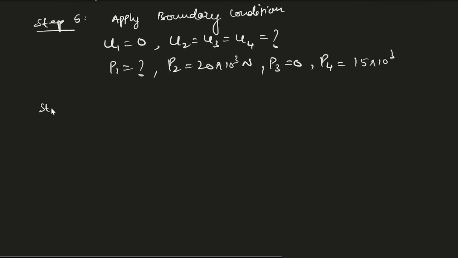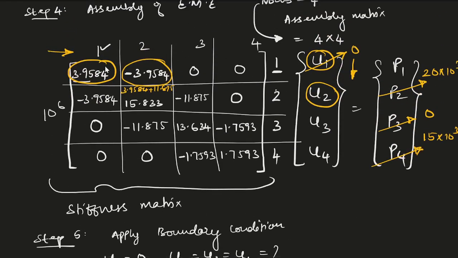Step 6, framing the equation. Here, if you multiply this with 0, you'll get 0.